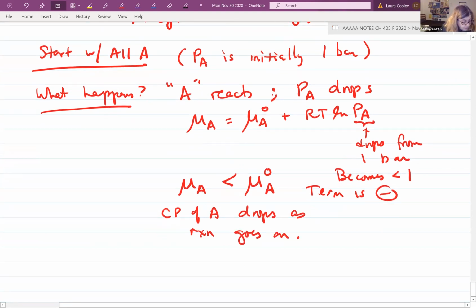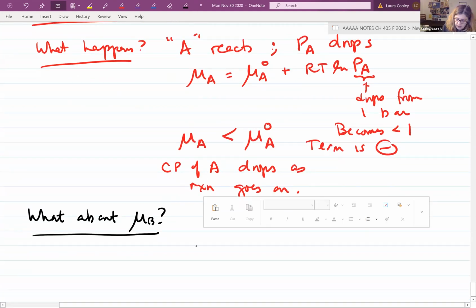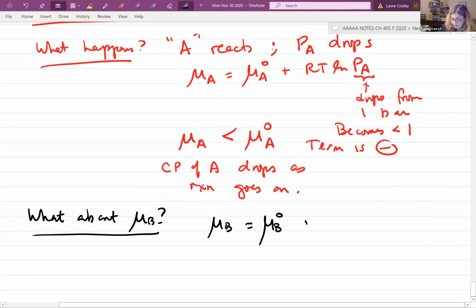So what about the situation with B? What about the chemical potential of B? We have the same general equation: mu B is mu B 0 plus RT log of PB.